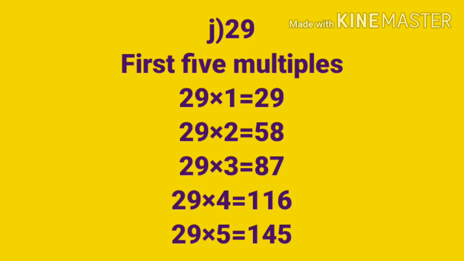So multiplying 29 by 1, 2, 3, 4 and 5, we get 29, 58, 87, 116 and 145. So 29, 58, 87, 116 and 145 are the first 5 multiples of 29.